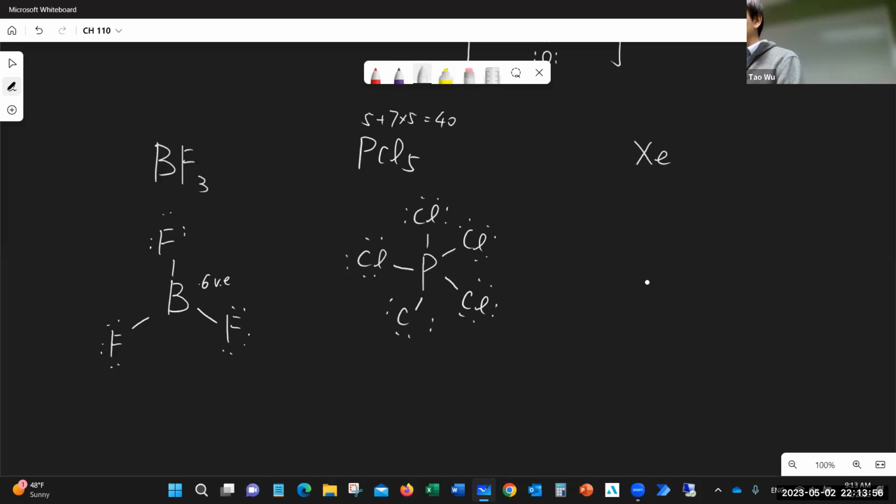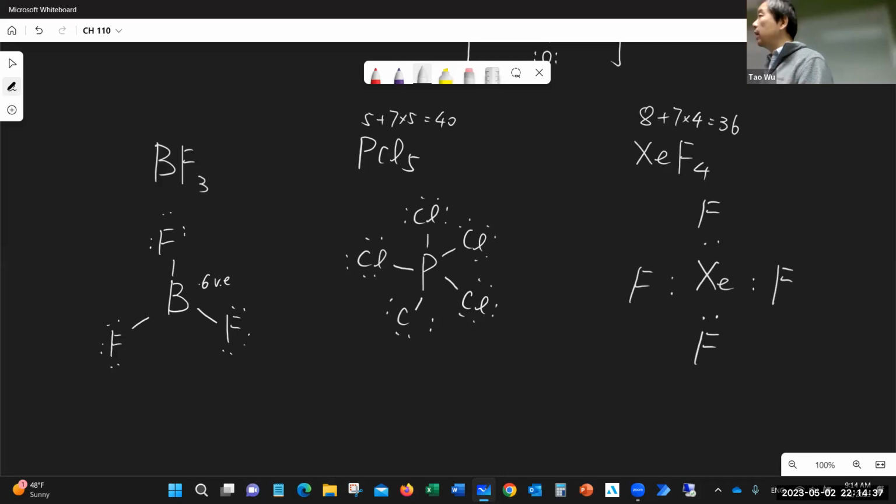Another example is XeF4, xenon tetrafluoride. If you look here, xenon is a noble gas. So its valence electrons are 8 plus 7 times 4, you have 36 in total. So xenon is in the middle and the fluorines on the side. Then we have shared electrons in the middle, of course, and then we assign the dots.